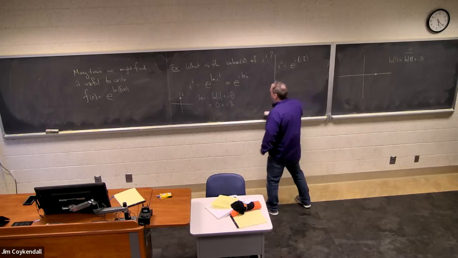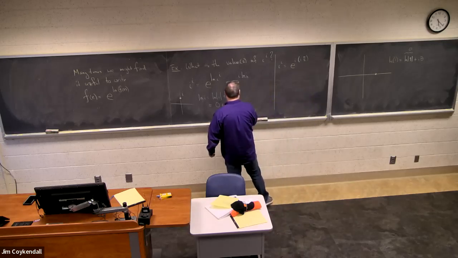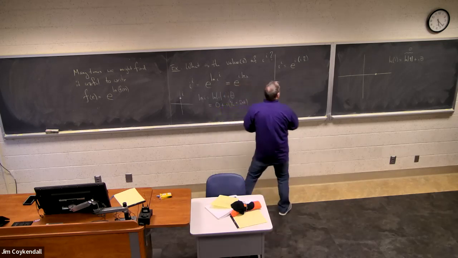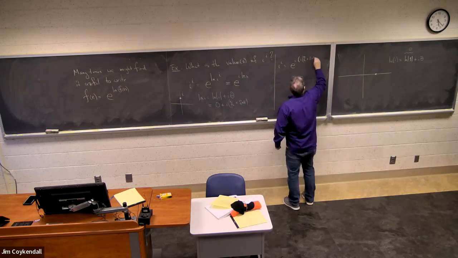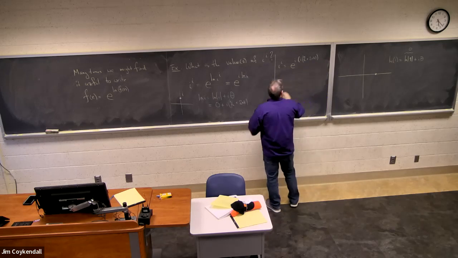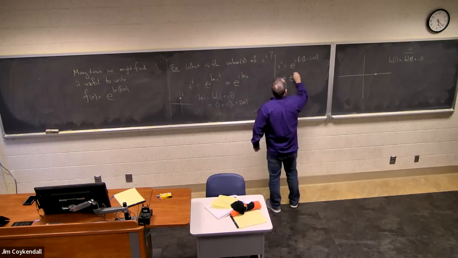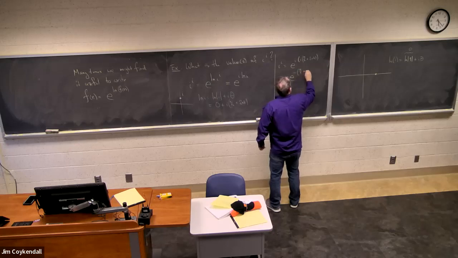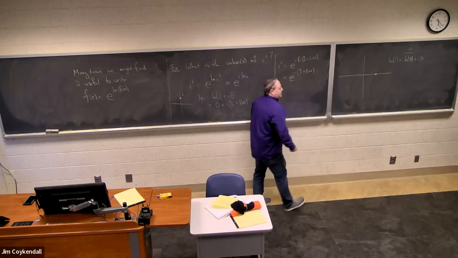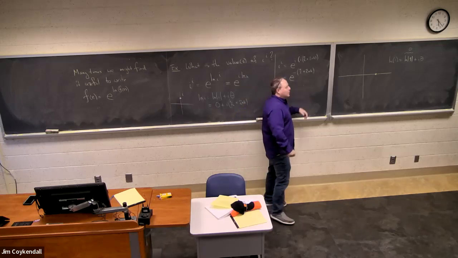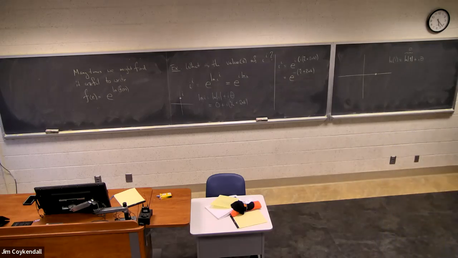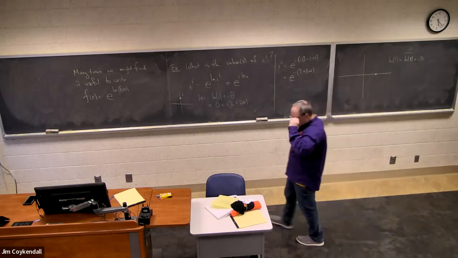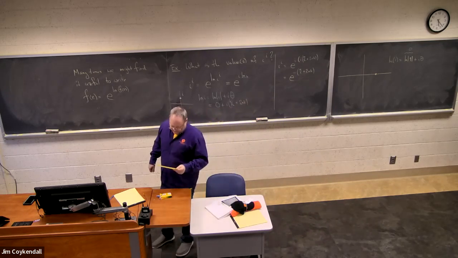In fact, it can be pi over 2 plus any multiple of 2 pi, which gives e to the negative pi over 2 plus 2 pi k. So for example, with k equals 0, i to the i is e to the minus pi over 2. So in particular, it's always real, which is kind of bizarre, isn't it? Okay, questions so far?